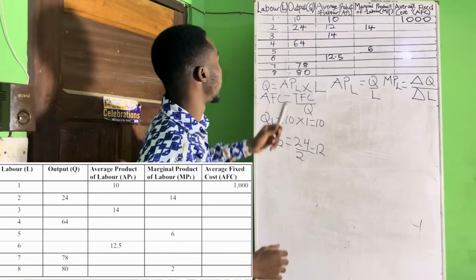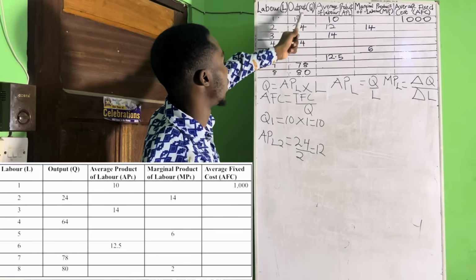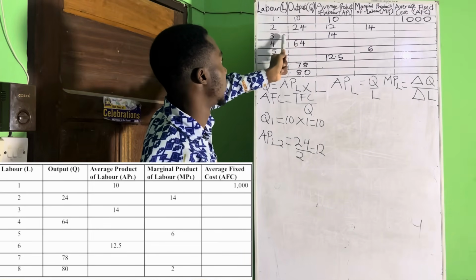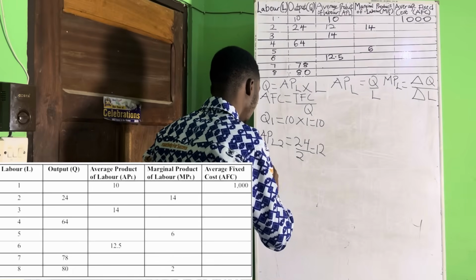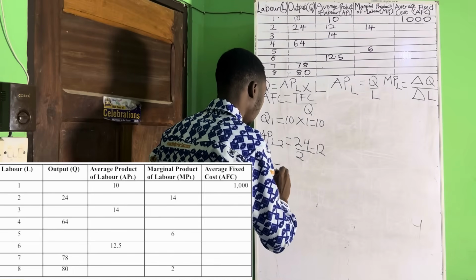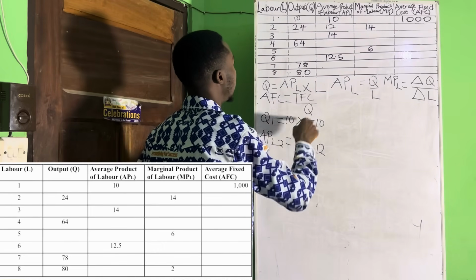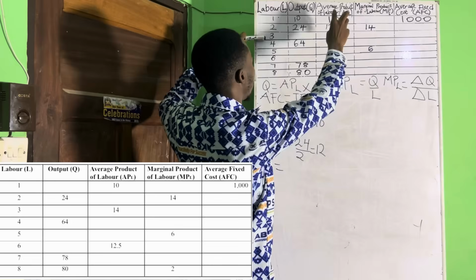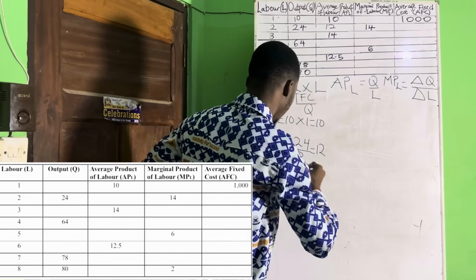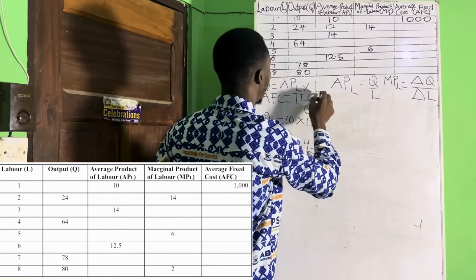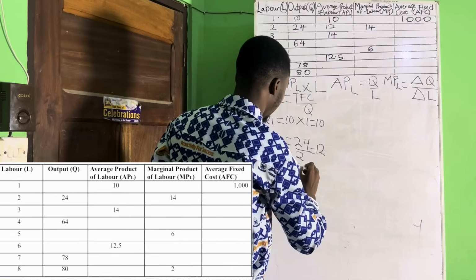Now let's go to this one, K3. K3 is equal to the average product of labor times labor. So what's the average product of labor for the third one? 14. Then times the labor for 3, which is 3.